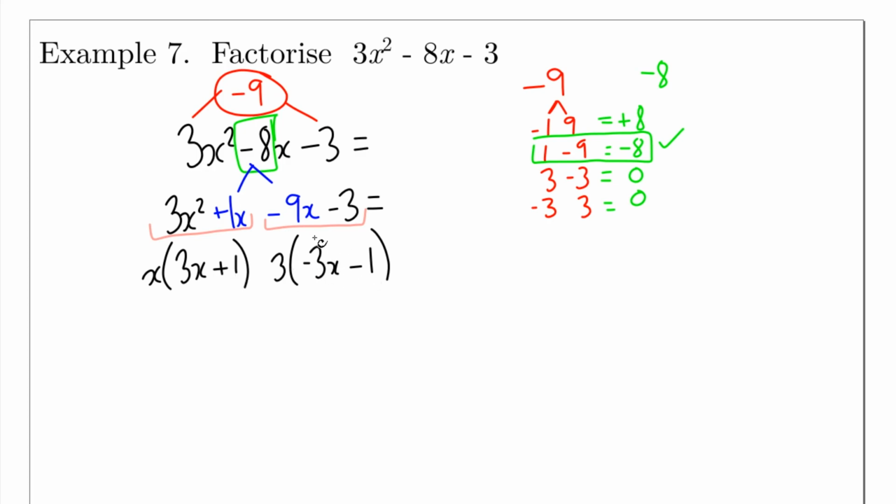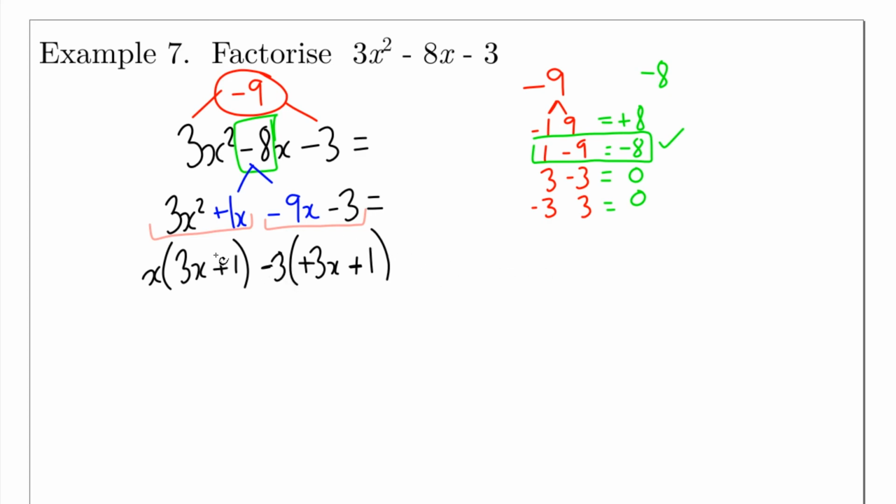And what you'll see is that this expression here, minus 3x minus 1, is the same as the left-hand bracket, except it has a factor of minus 1 multiplied by 3x and minus 1 multiplied by 1. So if I take out minus 3 instead, I end up with plus 3x and plus 1, which now gives me the exact same brackets on either side.